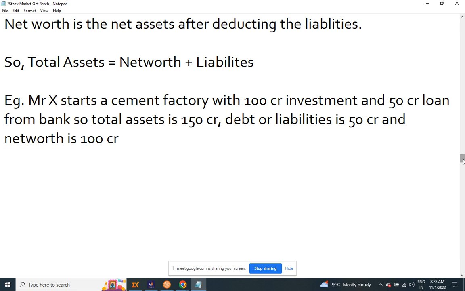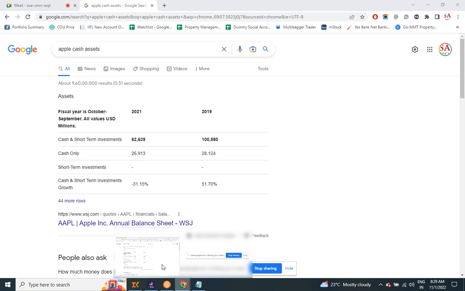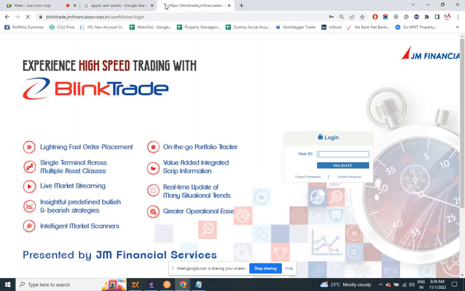At 116 rupees it was a compelling buy. That's why I recommended it. So even at this price, you are still holding it. I'm having a lot of shares of it. See, this is in one account. There's another account also I have.